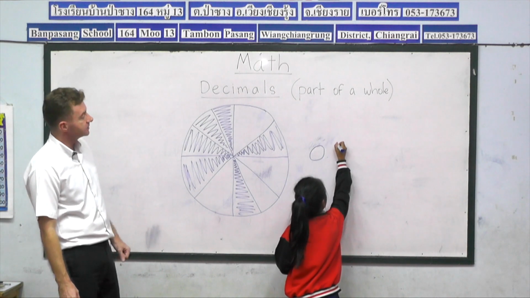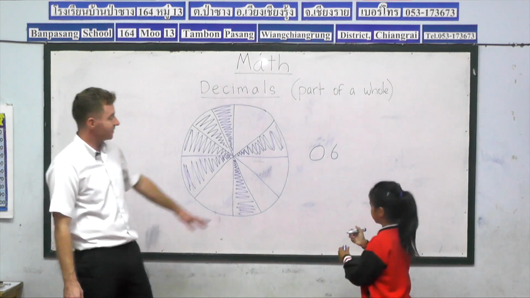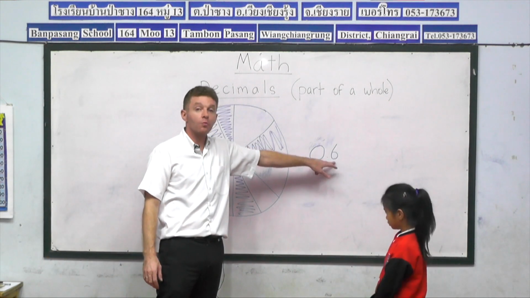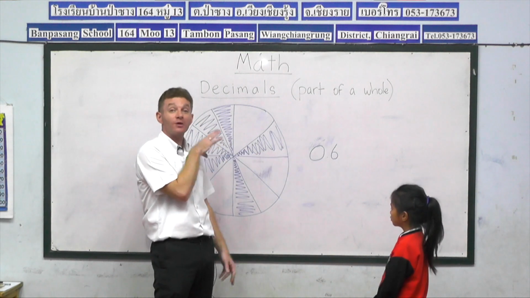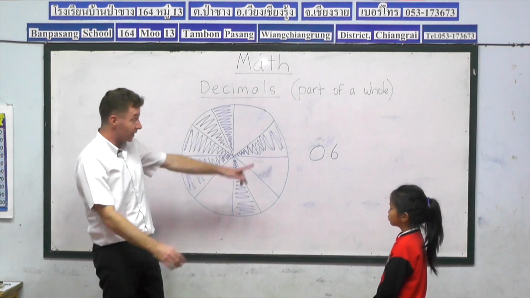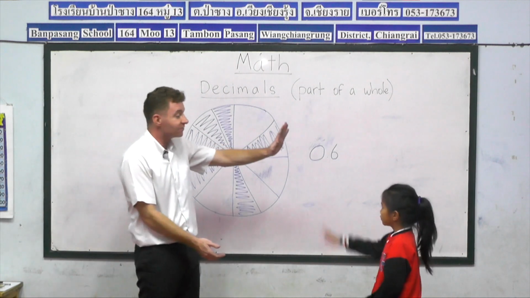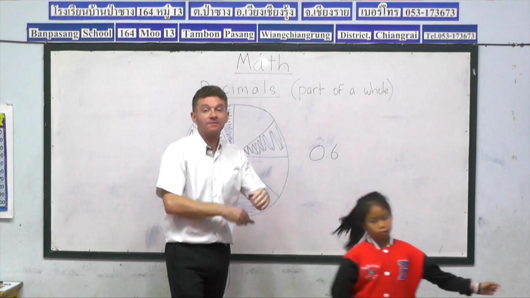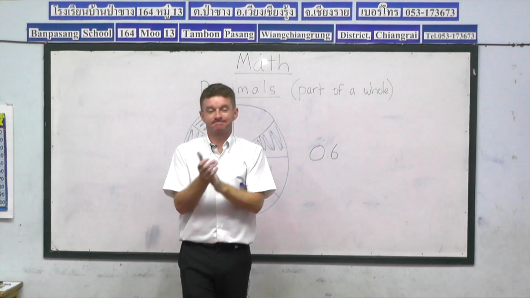Correct. 0.6. Perfect. Every time our number will come after the decimal point because the number is not yet whole. So can you say, Prel? 0.6. Perfect. High five. Big round of applause for Prel, please, guys.